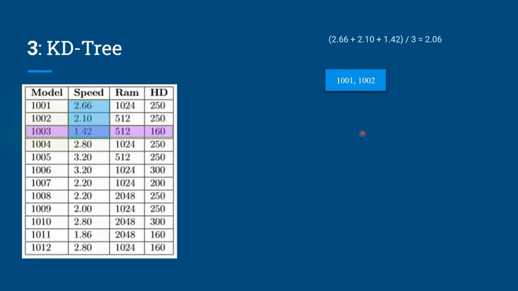So our node at this point would differentiate between the 2 new buckets according to this value, speed of 2.06. So on the right hand side, what would we have? Now we have 101, 102, and 103 to be placed in these 2 new buckets. First, 101, where should it be placed? On the right or on the left? 2.66 is greater than 2.06.